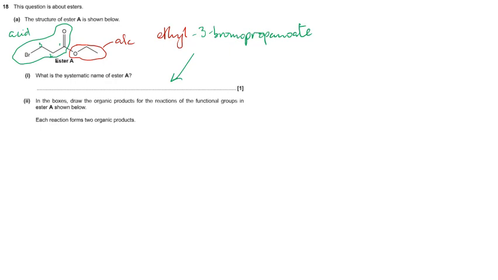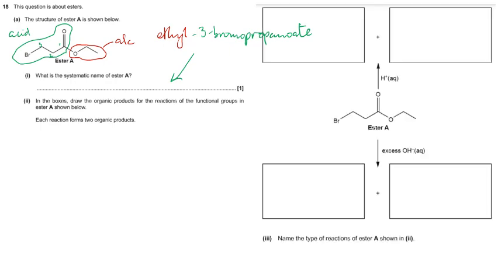So part 2, we've got 4 boxes to fill in. We have to draw the organic products of these reactions. Okay, so this is clearly hydrolysis, acid hydrolysis here and base hydrolysis, with a downward arrow. So where is it going to break?